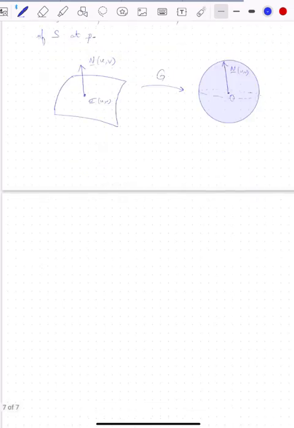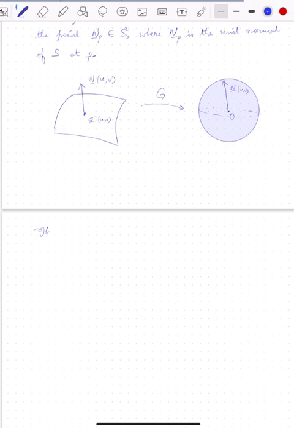Now we have an important point here. The rate at which n vector varies across S is measured by the derivative of G. So the derivative of G is dpG at any point p.